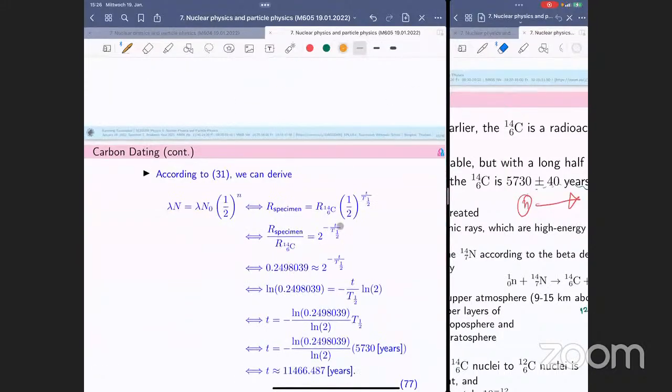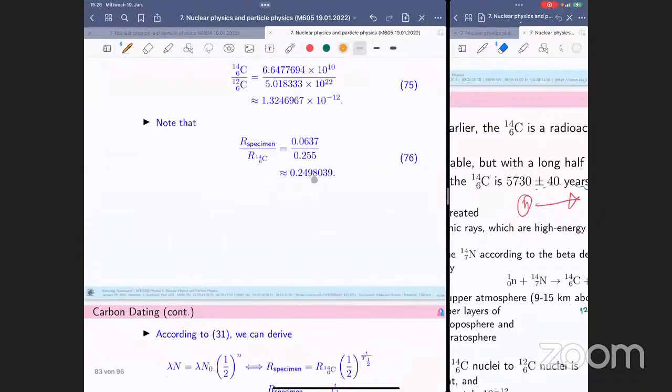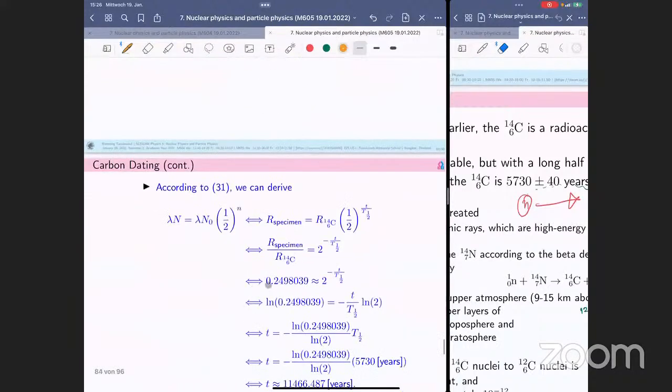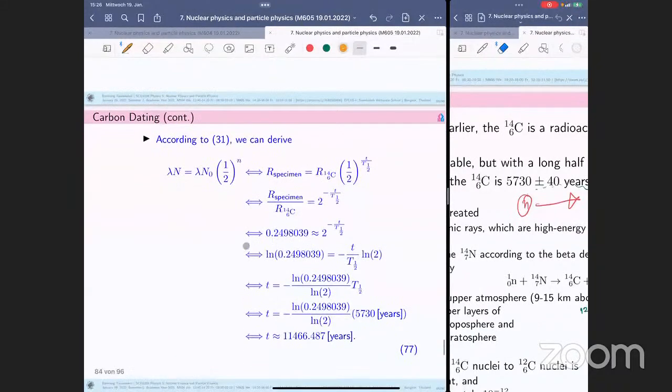This ratio has been computed before, which is 0.249, about 0.25. We leave 0.249 or 0.25 here on the left-hand side, approximately, because this is an approximation. Once we take the logarithm function on both sides of this equality, we get t over T half-life on log 2.